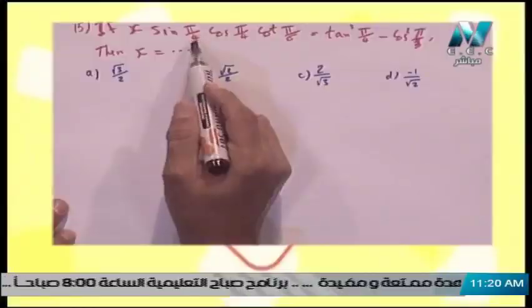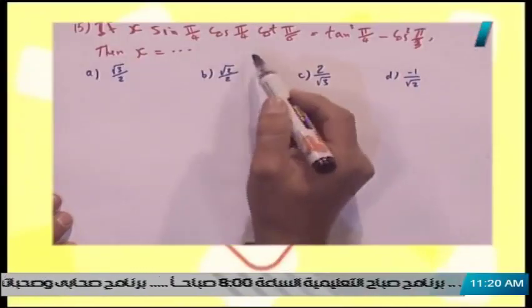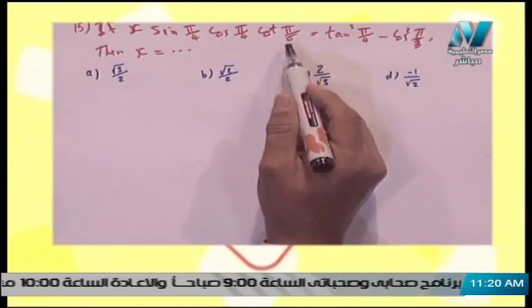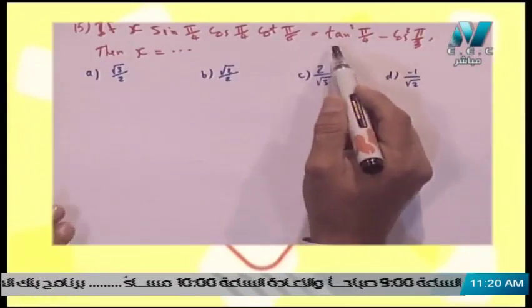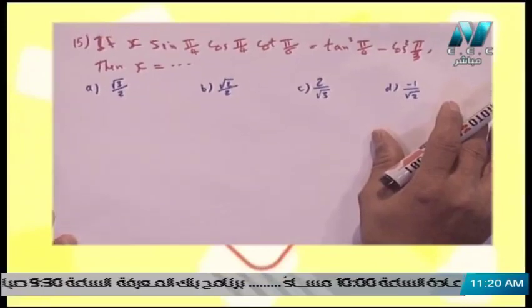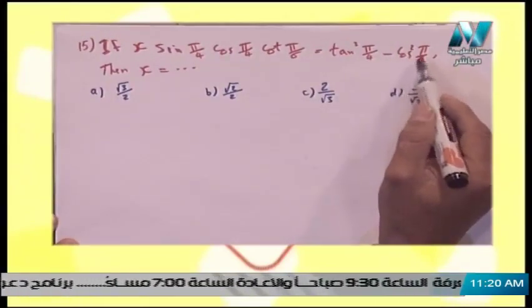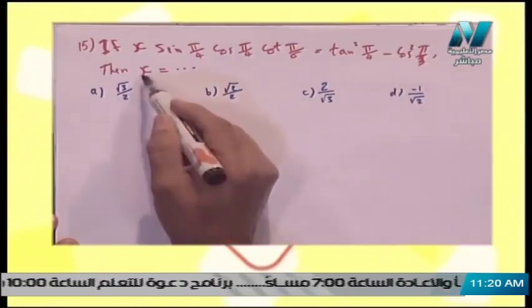Let's move to question number 15 here. If x sine pi over 4 cosine pi over 4 cotan pi over 6 equals tan power 2 pi over 4 minus cosine power 2 pi over 3, then x equals what?